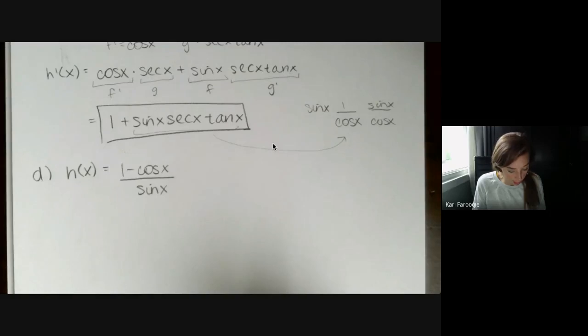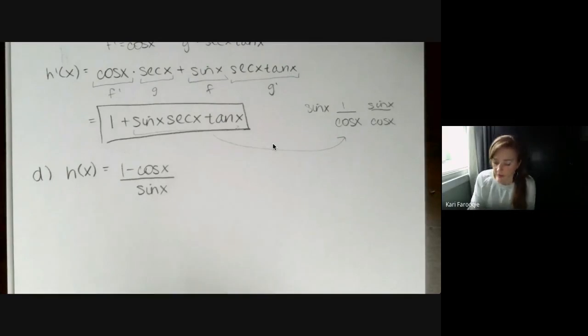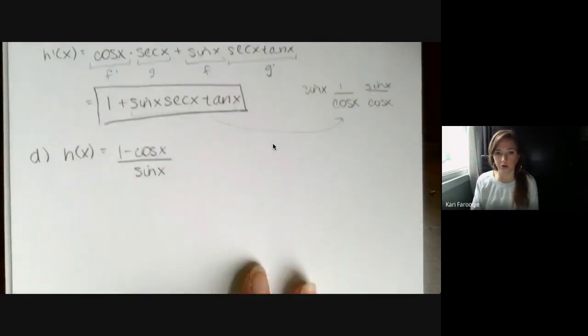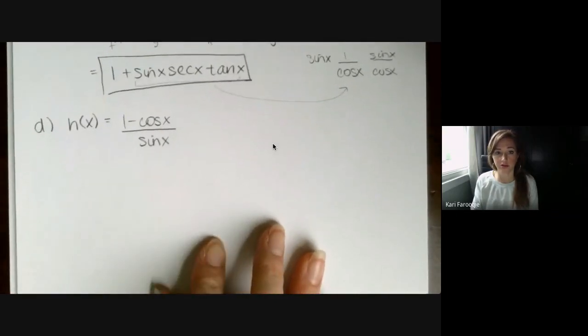If you want, we'll do it both ways, and you can see that the answer is going to be the same. The amount of work is probably pretty similar. But let's do it first using the quotient rule, and then I'll show you how to split it up and then use the product rule, and then you'll get the same thing.